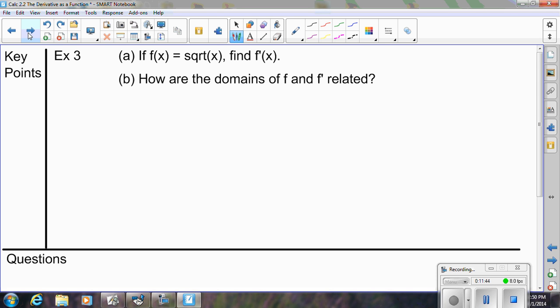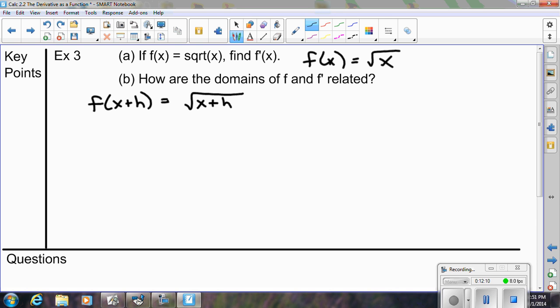Okay, similar issue now. If we have f of x equal to the square root of x, we want to find its derivative f prime of x. Okay, so let's start by saying f of x plus h is equal to the square root of x plus h. f of x, of course, is just the square root of x.